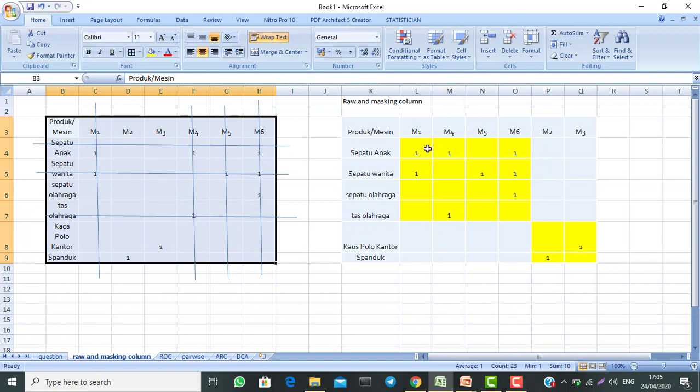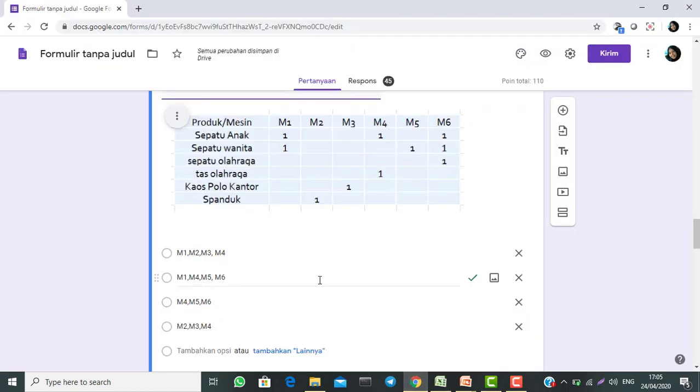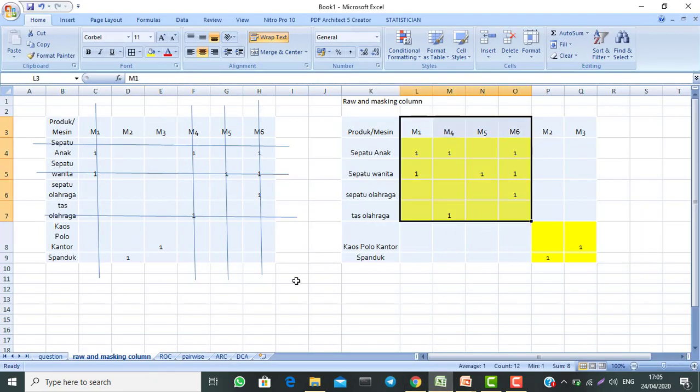So the first cluster will be the boxes that have a cross mark, machine number 1, 4, 5, and 6, and the second cluster will be machine number 2 and 3. So you can select between these two clusters. The best answer will be this one, according to this matrix.